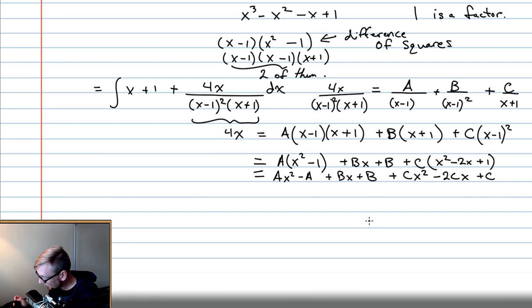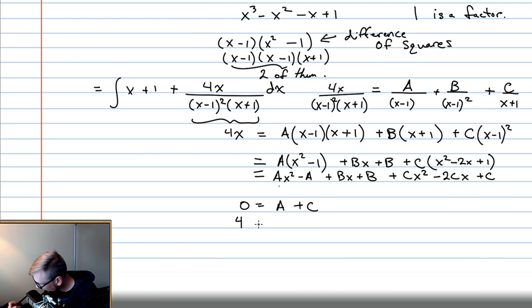So what that means is all the things acting on x squared, when you add them all up, have to be 0. So 0 has to be a plus c. And then what about the single x's?